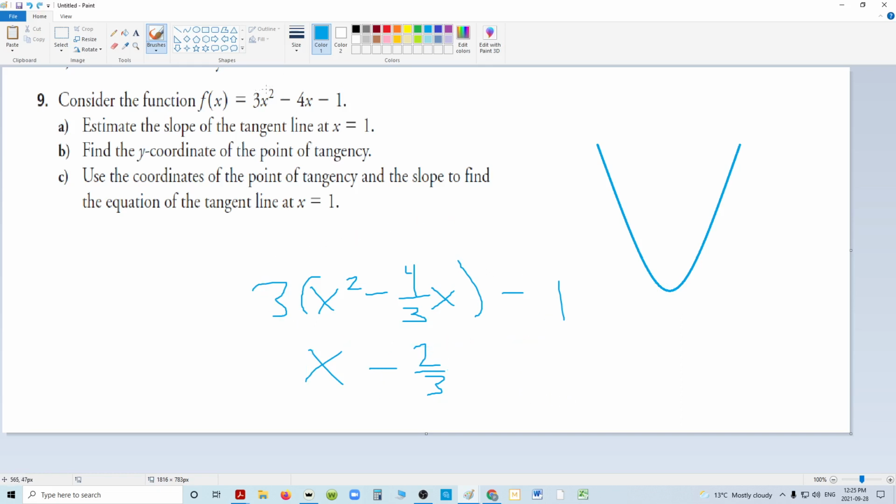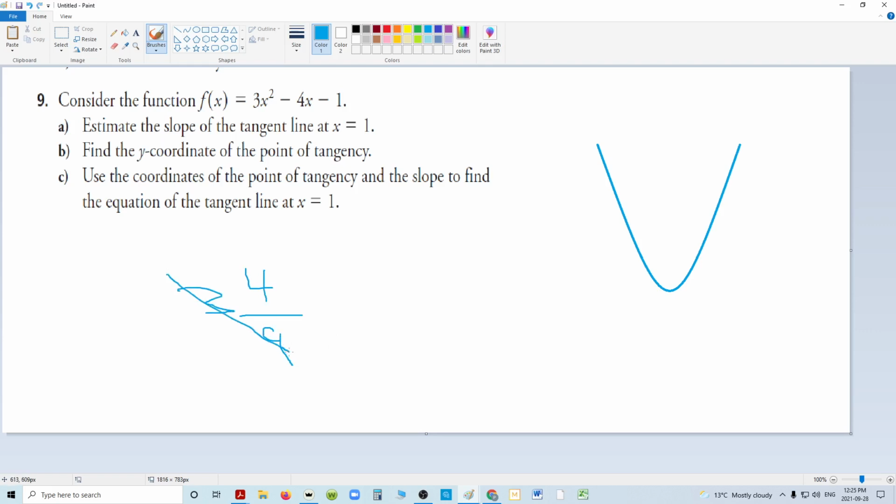Then when you put 2/3 into it, you will discover that 2/3 squared is 4/9, times 3 becomes 4/3 again, minus 4 times 2/3 becomes 8/3. So 4/3 minus 8/3 minus 1.